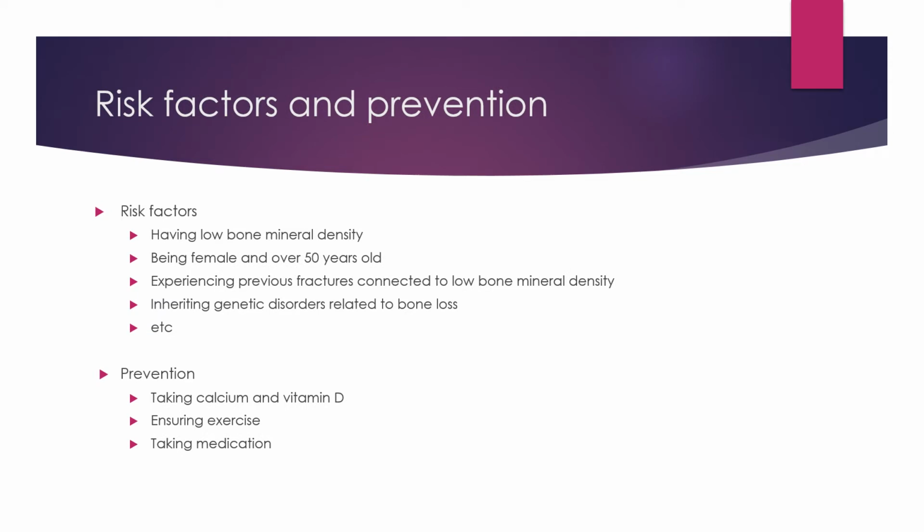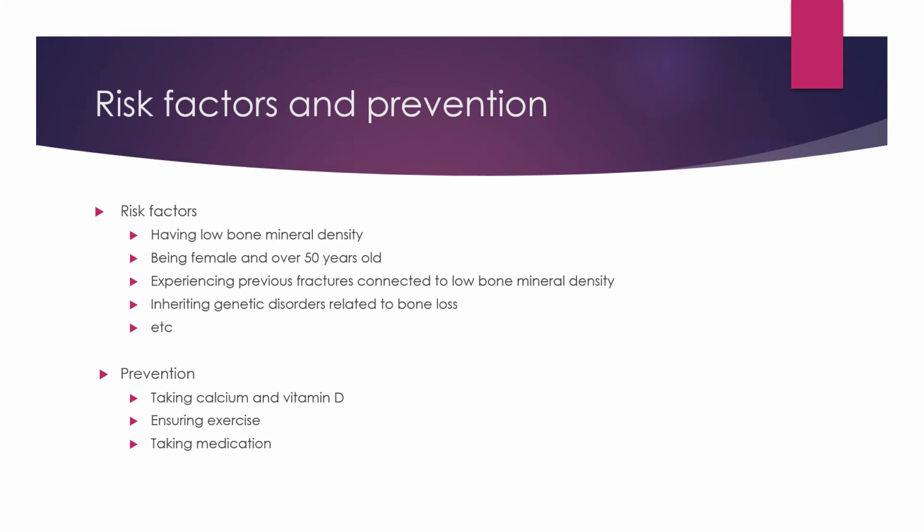Risk factors and prevention. Clinical practice guidelines outline risk factors that help to identify people who should be assessed for osteoporosis and fracture risk. These include advanced age, previous fragility fracture, fracture associated with low bone density, parental hip fracture, cigarette smoking, heavy alcohol consumption, being thin, body weight under 132 pounds, prolonged use of glucocorticoids and other bone depleting medications, and certain disease states and genetic disorders associated with bone loss.